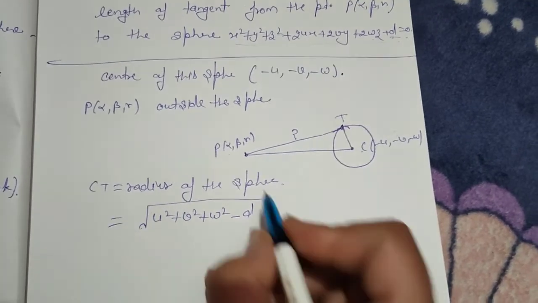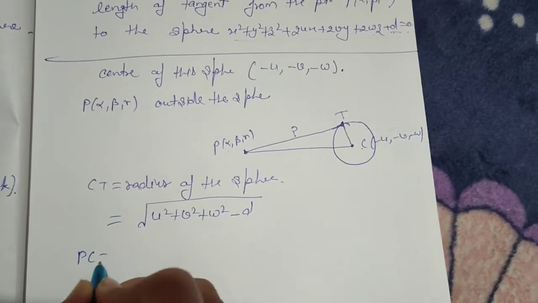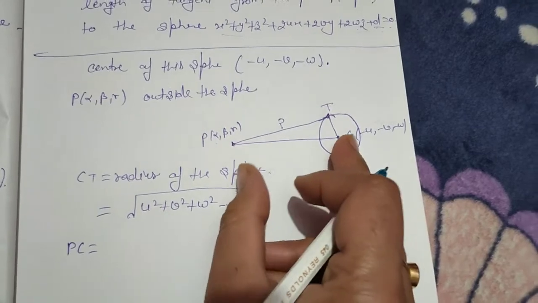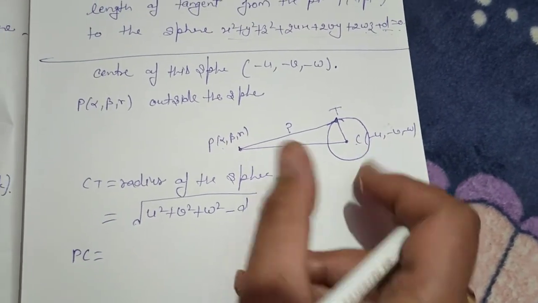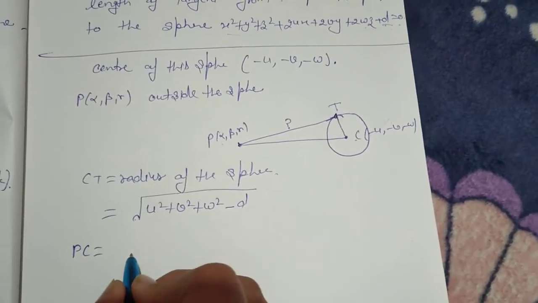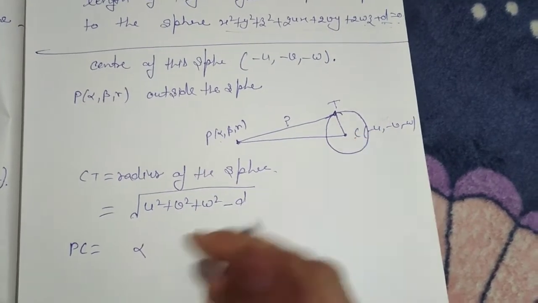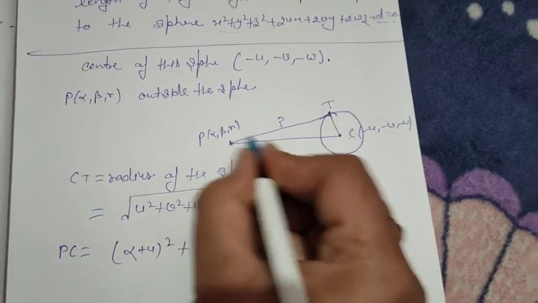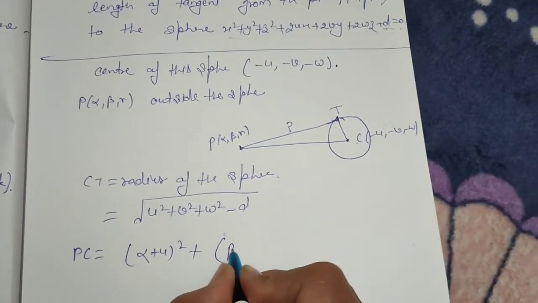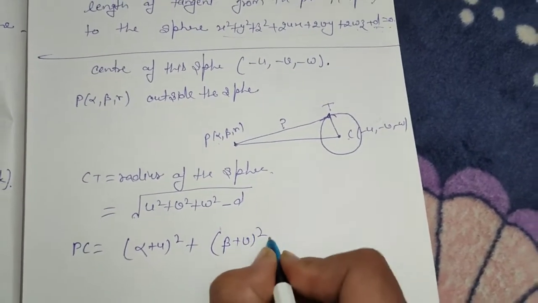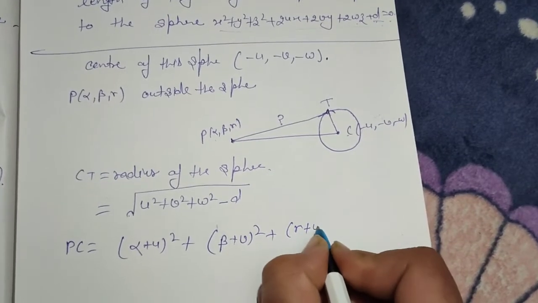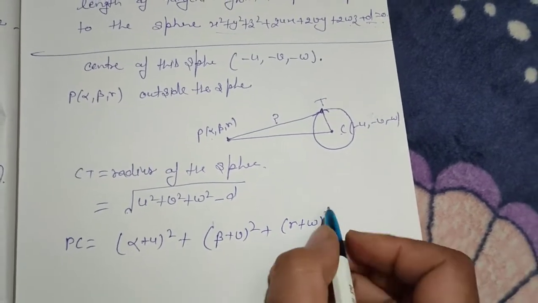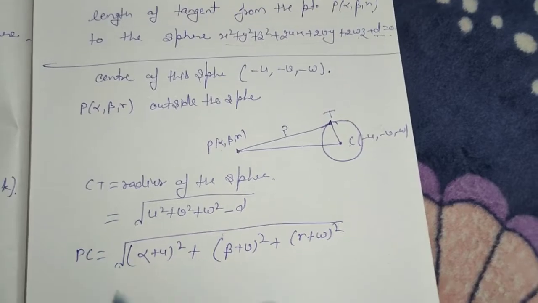PC is the length between 2 points P and C. We find out this length by distance formula: the square root of (alpha plus u) square plus (beta plus v) square plus (gamma plus w) square.